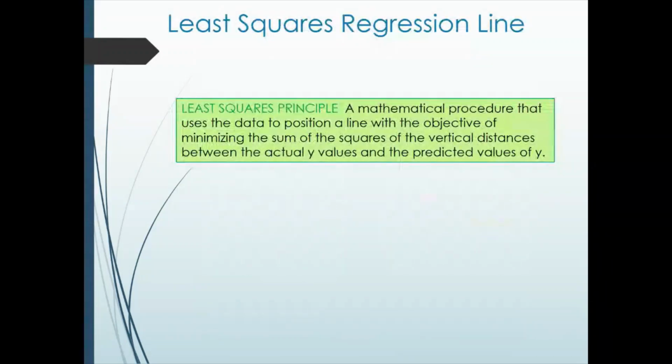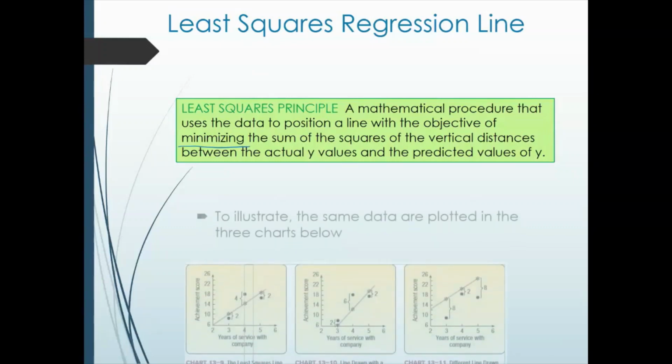Now, the least square principle is a mathematical procedure that uses the data to position a line with the objective of minimizing the sum of the squares of the vertical distances between the actual y values and the predicted values of y. What is this saying?